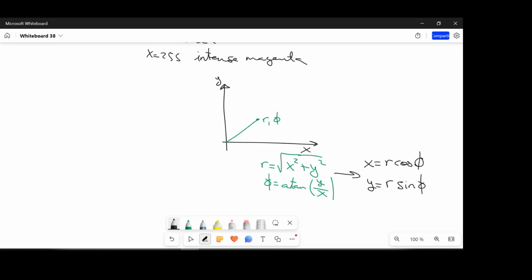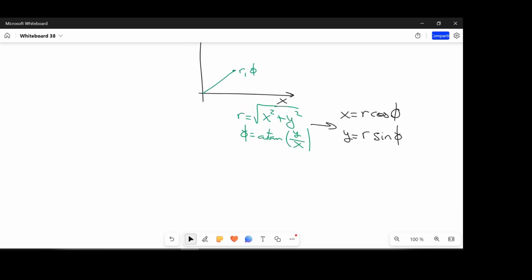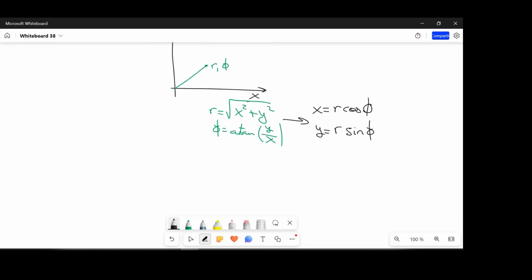So now you can think of this as a transformation that takes x and y, that is a point, and transforms it. I will call it E, the polar transform. This is r, phi.